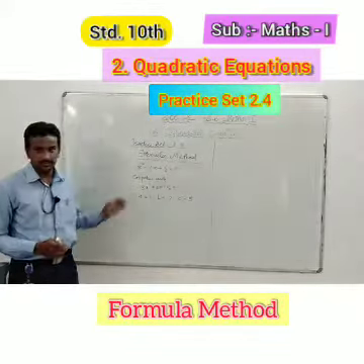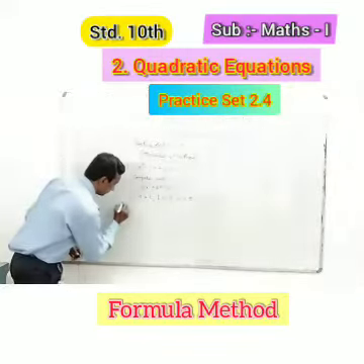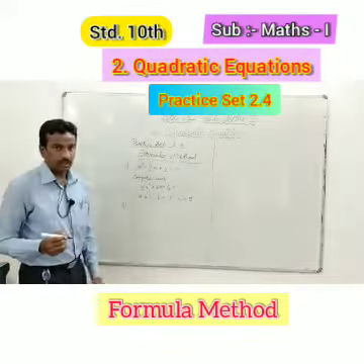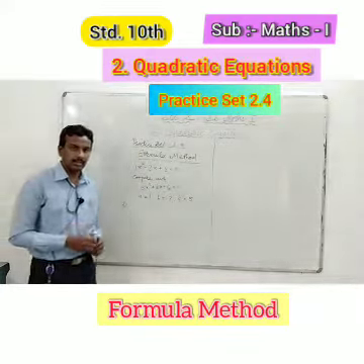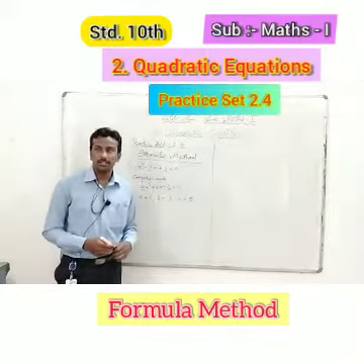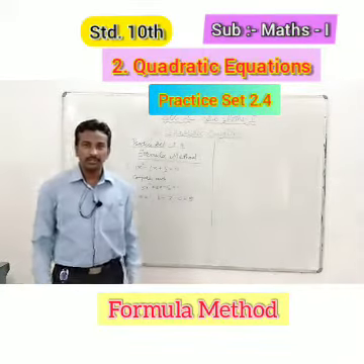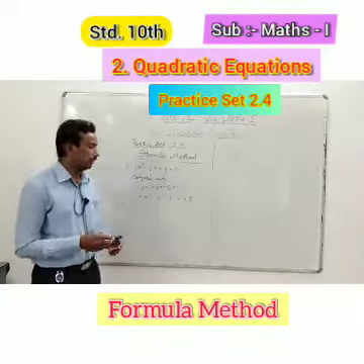In the second question, solve the given quadratic equation by using formula method. There is a formula. If a quadratic equation has two roots alpha and beta, then alpha is equal to minus b plus under root b square minus 4ac upon 2a, and beta is equal to minus b minus under root b square minus 4ac upon 2a.